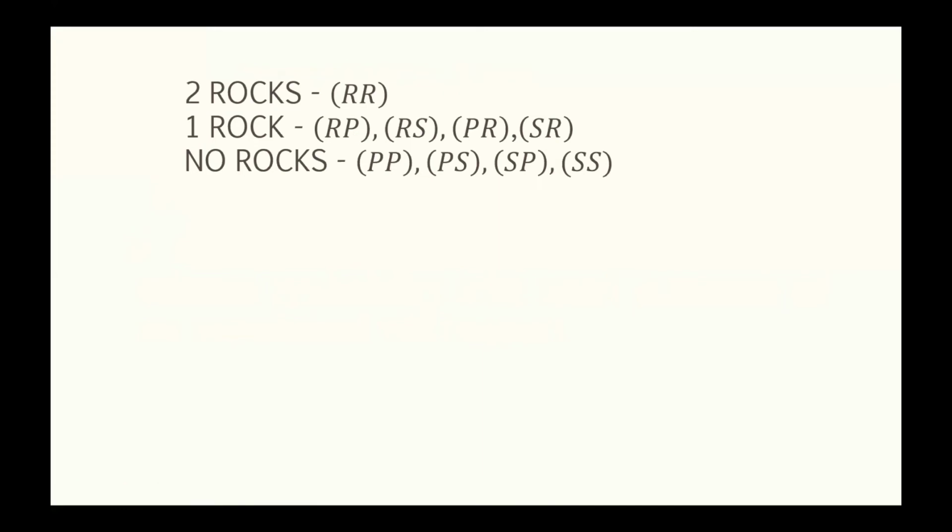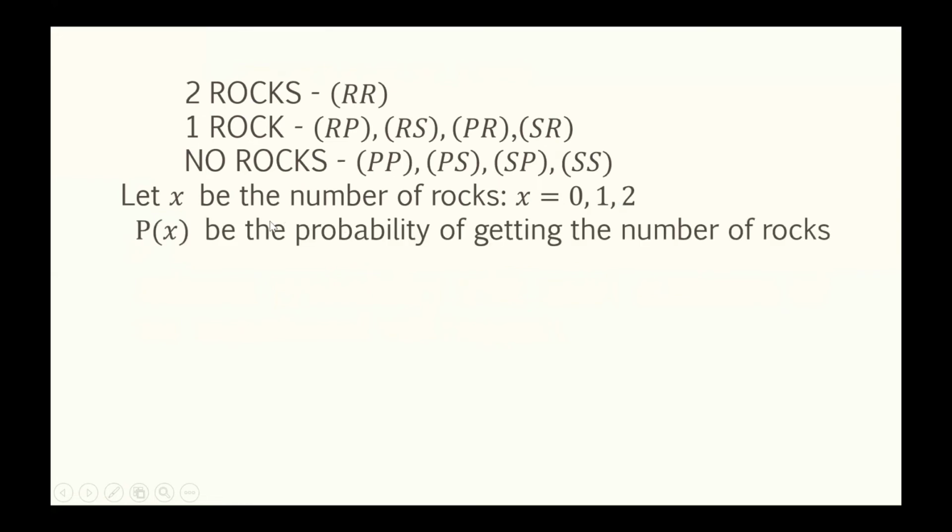We have the possible values of the random variable we have identified: 2, 1, 0. Let X be the number of rocks, with values 0, 1, 2, and P of X as the probability of getting the number of rocks.